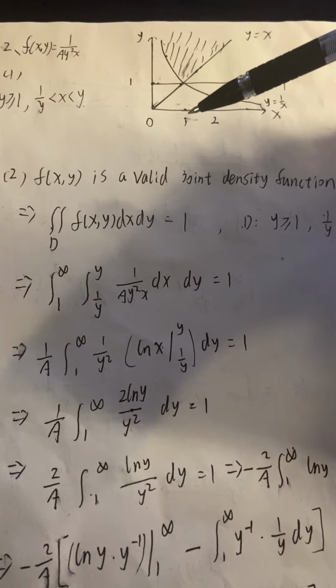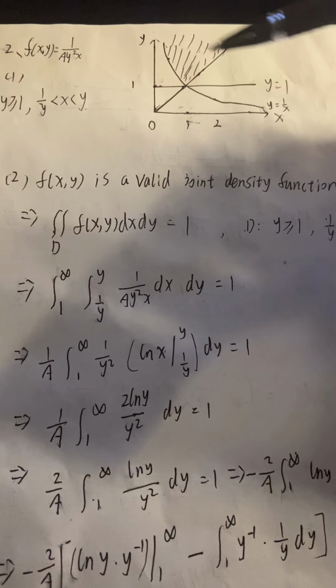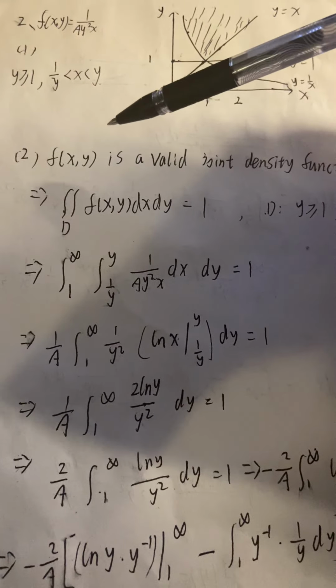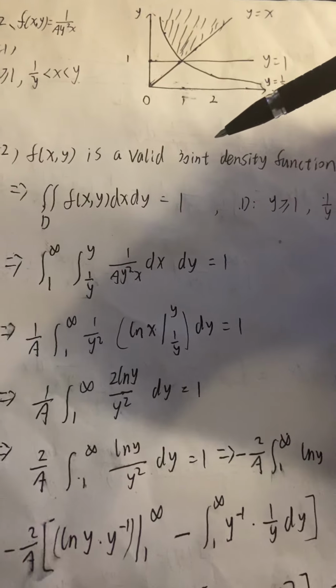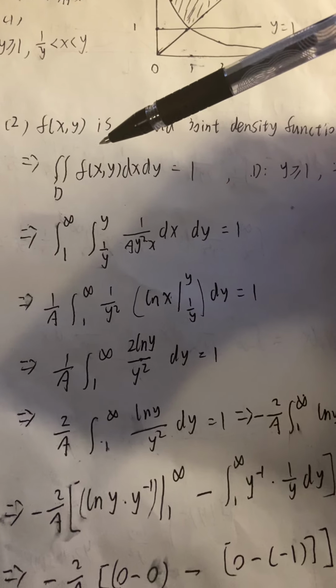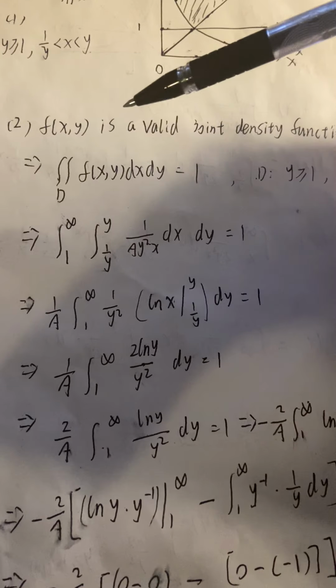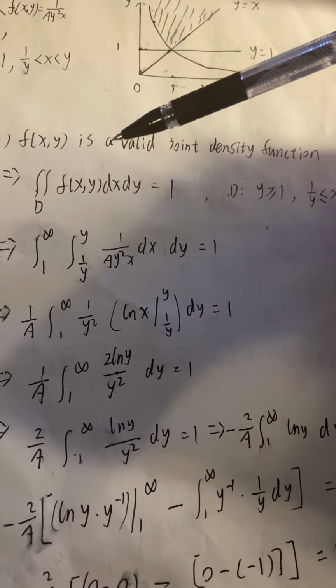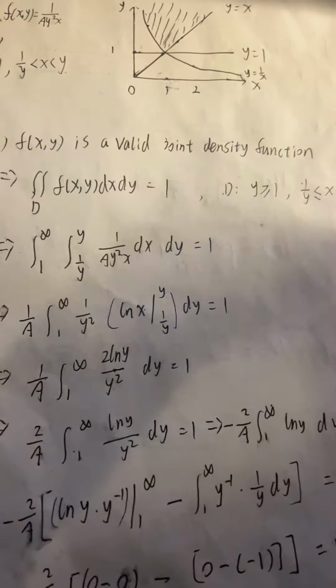The second question, find a so that f xy is a valid joint density function. We know if f xy is a valid joint density function, then the double integral of f xy over D will be 1, and D is the shaded area.